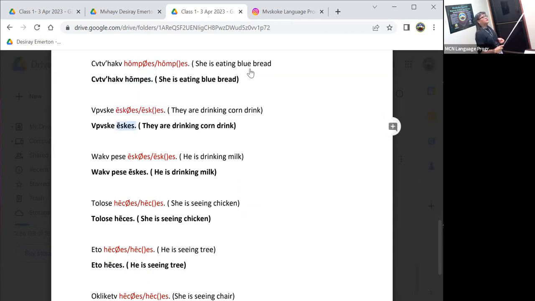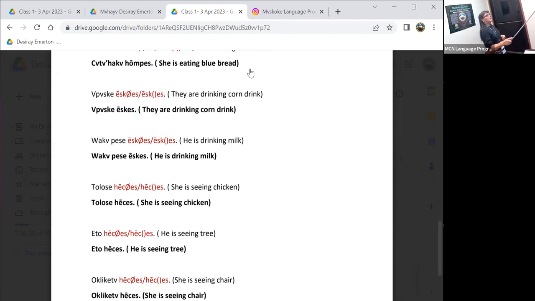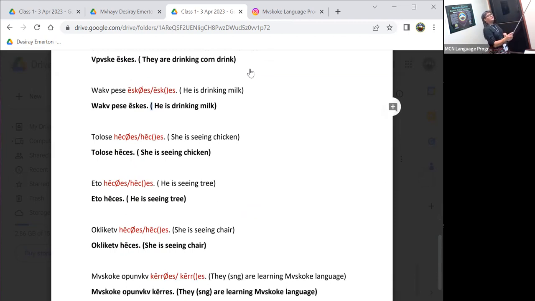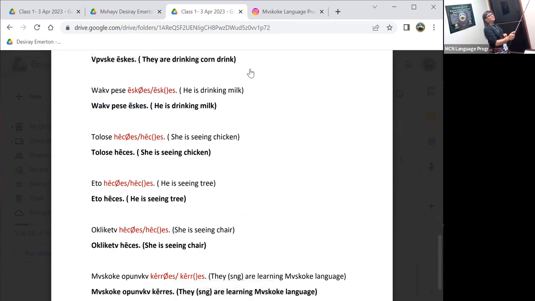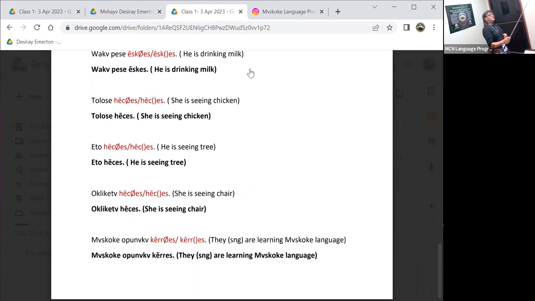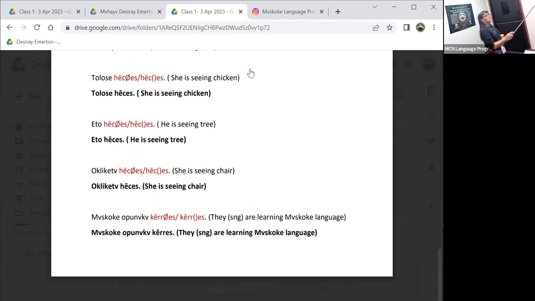Placeholder, no placeholder. Waga busy iskis. Placeholder, no placeholder. Final version right there. Tolozi, Aegis. She is seeing chicken. Ito, Aegis. He is seeing a tree.